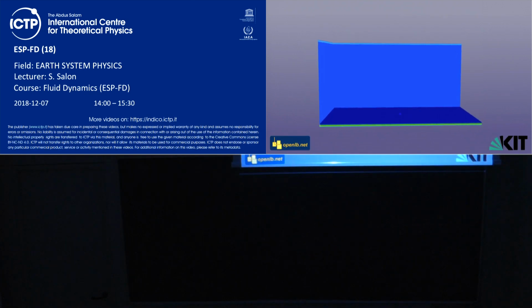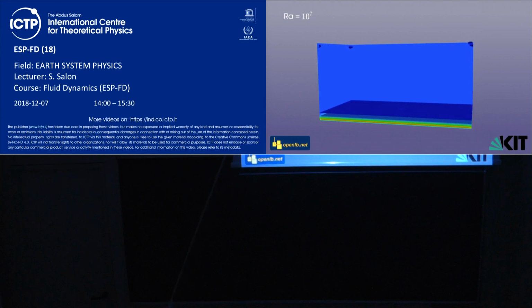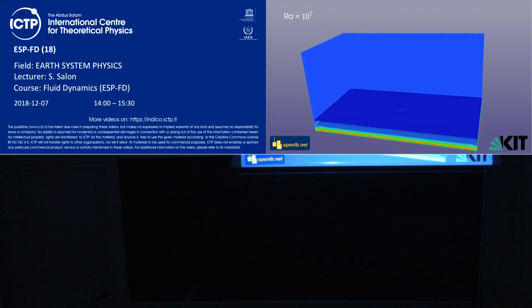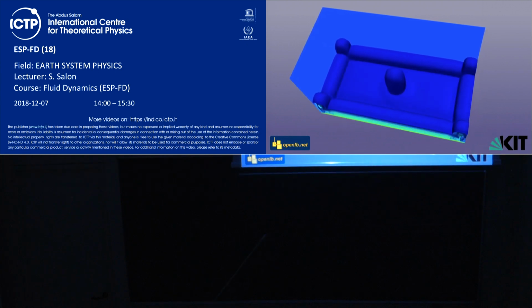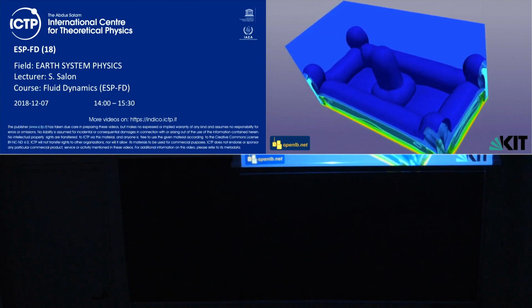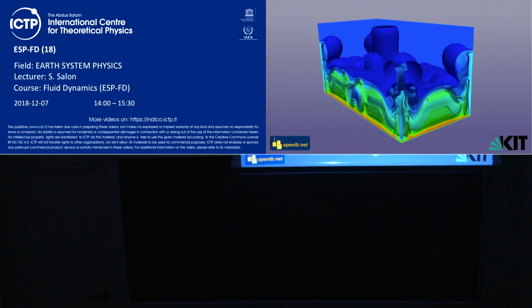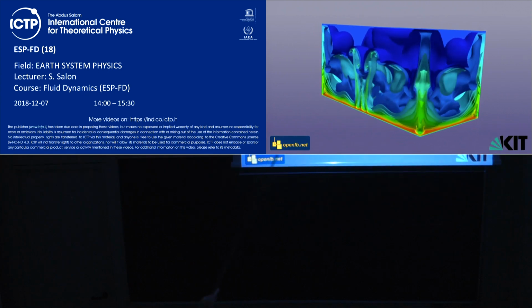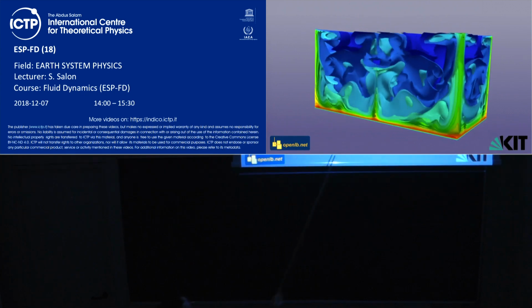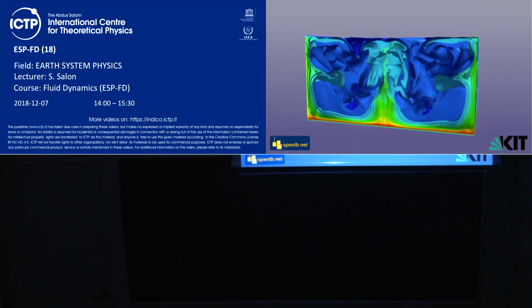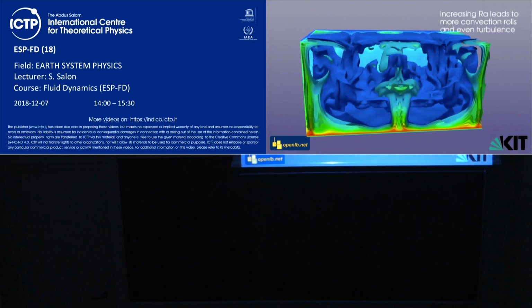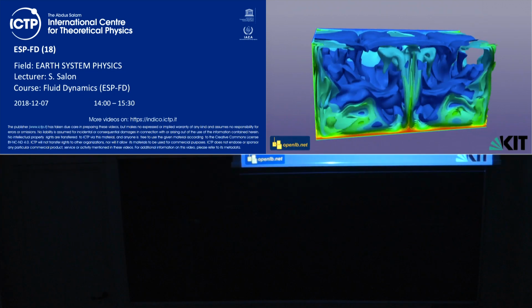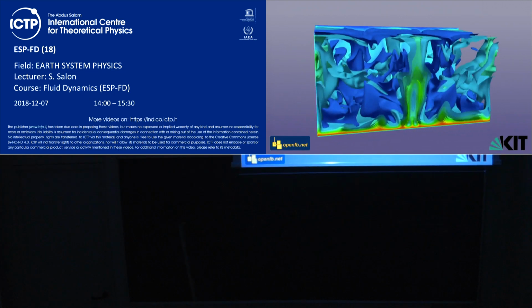But if we increase even more, to 10 to the 7, the Rayleigh number, what happens is that the system starts to create plumes of fluid going up, and you start to have turbulence here, because of course this is not so easily described analytically. Increasing the Rayleigh number leads to convection and turbulent motions.